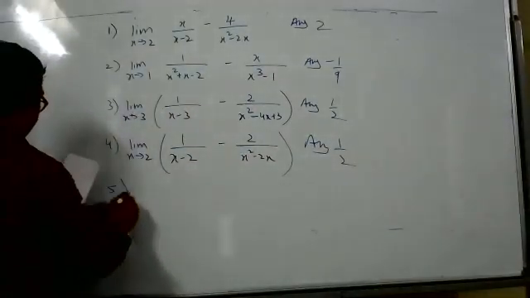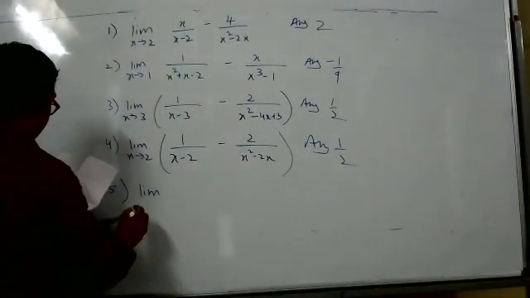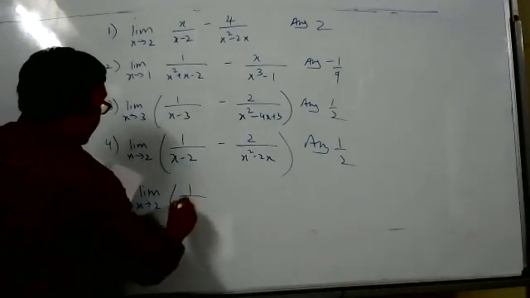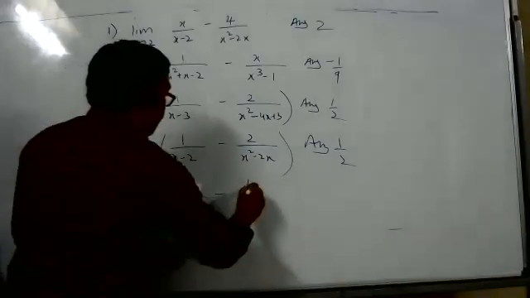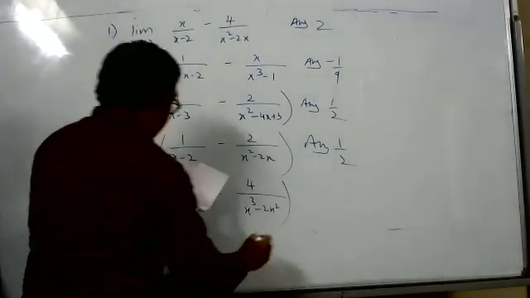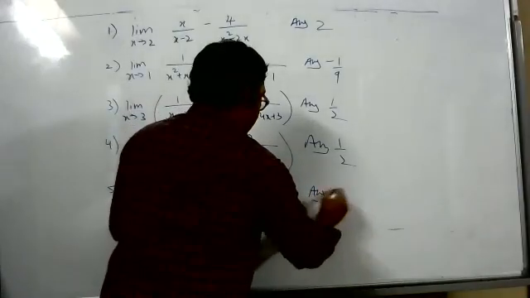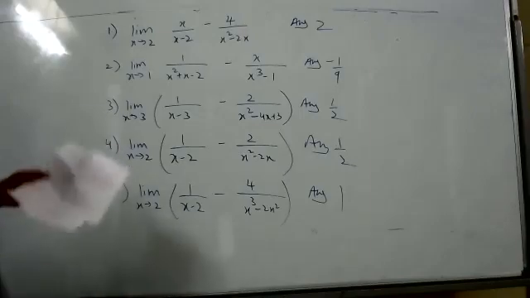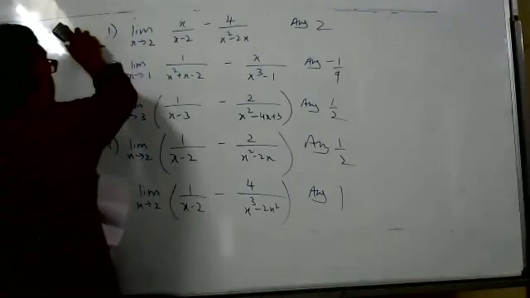Write fast, student. Fifth, limit x tends to 2, 1 by x minus 2 minus 4 by x cube minus 2x square. Answer is 1. These are 5 sums in which the form is infinity minus infinity.